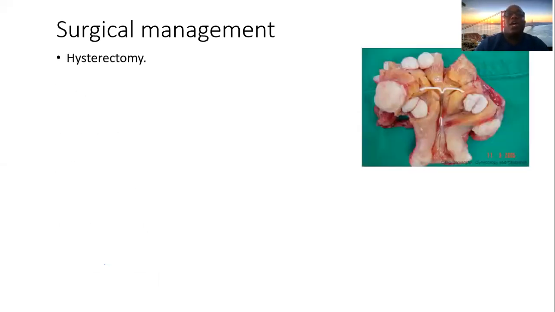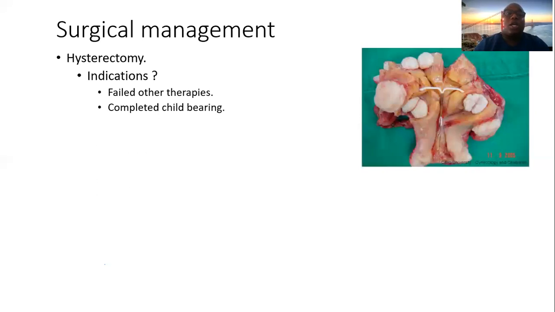And then we have hysterectomy, that is removal of the whole uterus, and it has several indications. That is failure of other previous therapies like myomectomy or even uterine fibroid embolization. This is also an option for women who have completed childbearing.